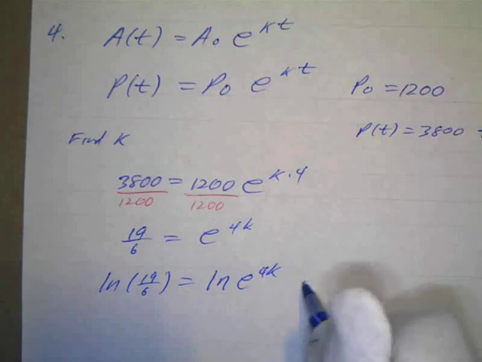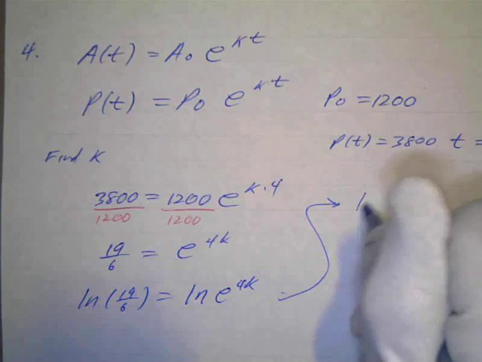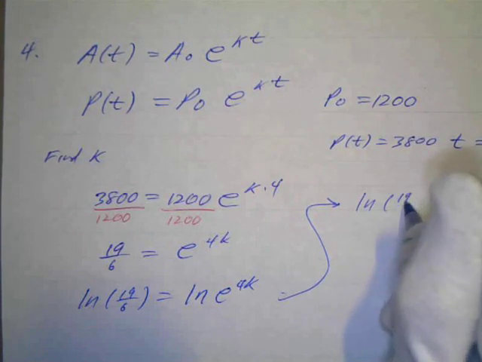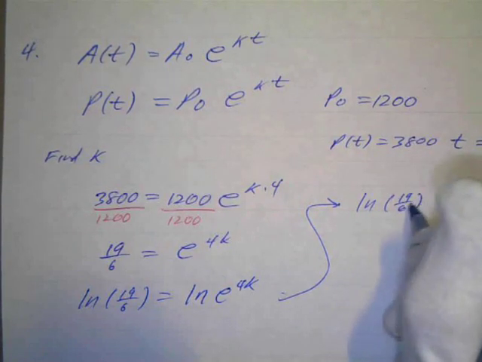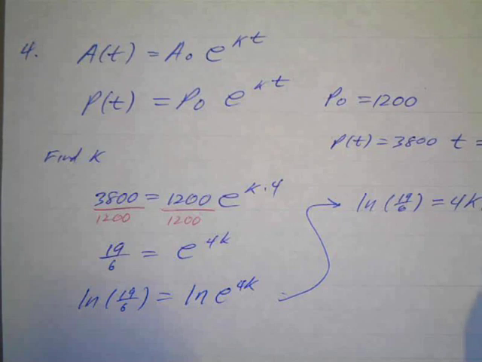And let me do this up here so I save a little room. So ln of 19 over 6 equals 4k ln of e, which goes to 1.